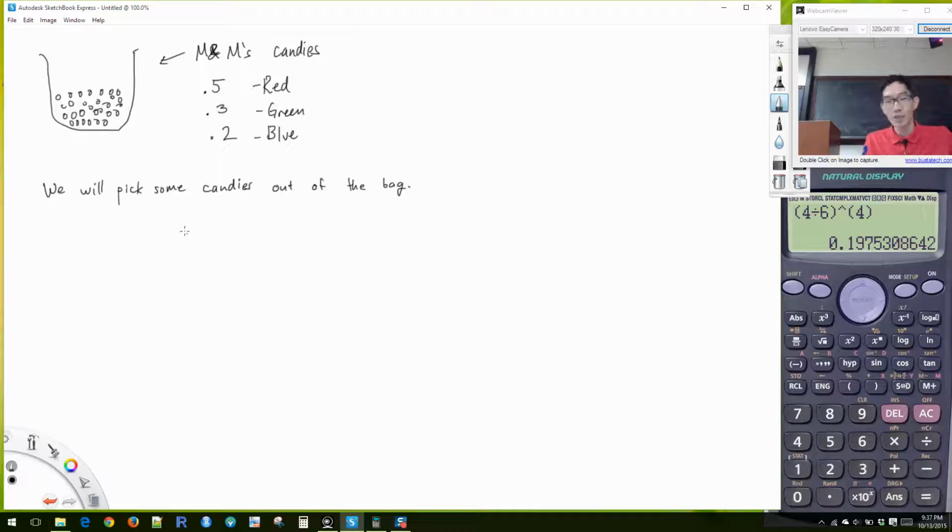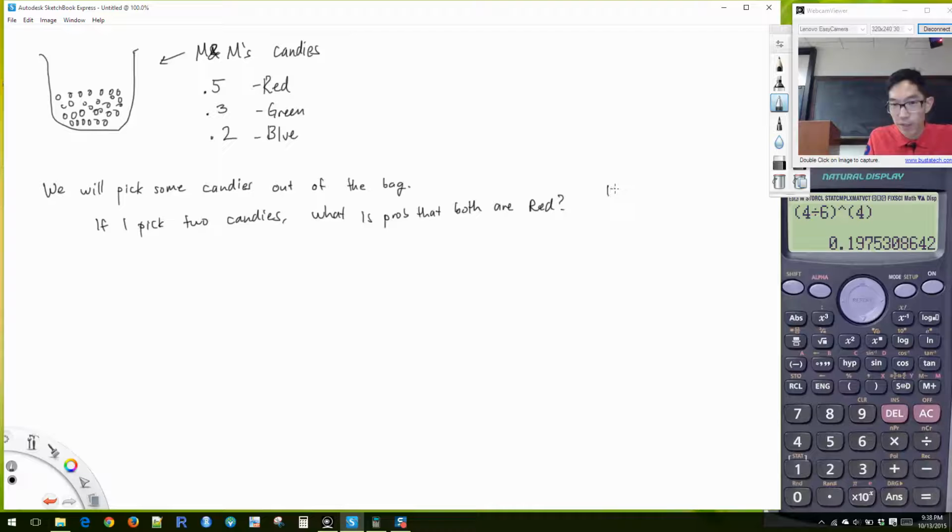Okay. So here's a simple one, all right? If I pick two candies, what is the probability that both are red? So you think of the sequence that has to happen.